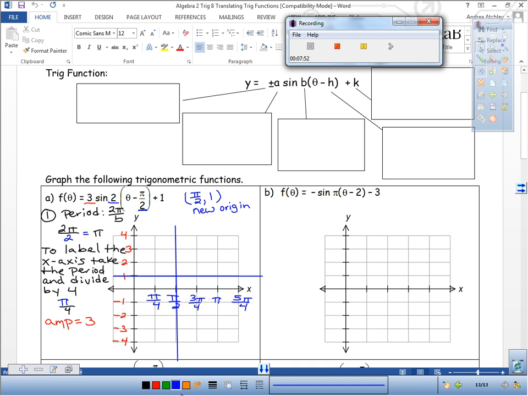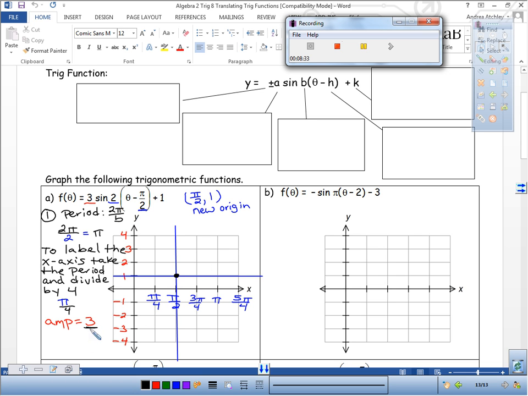So let's review where the signs start. At 0, cosine starts at the amplitude, sine starts at 0. So sine is going to start right here. Then, from that point, we're going to go up to the amplitude.